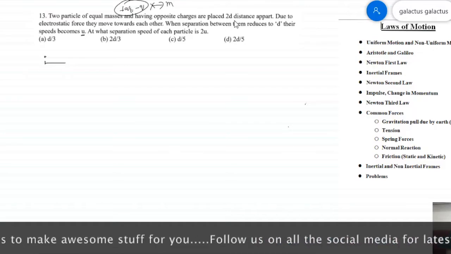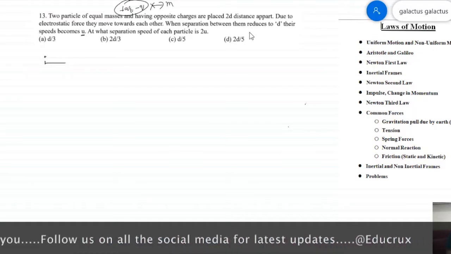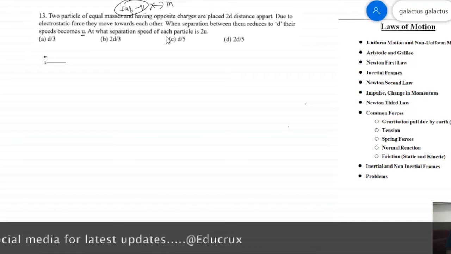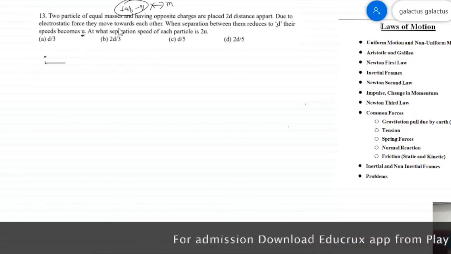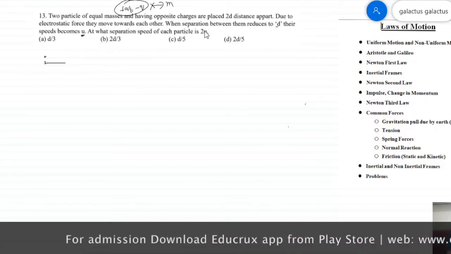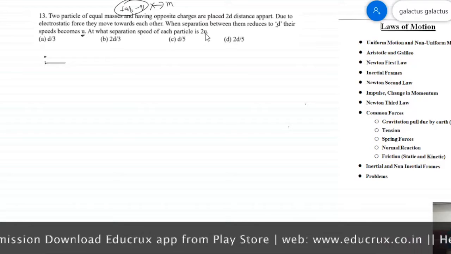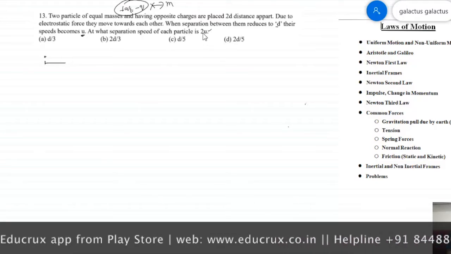When they are placed 2d distance apart, due to the Coulomb force of attraction, they move towards each other. It is given that when the distance reduces to d, the speed of each particle becomes u. And we have to evaluate the distance at which the particle speeds become 2u.